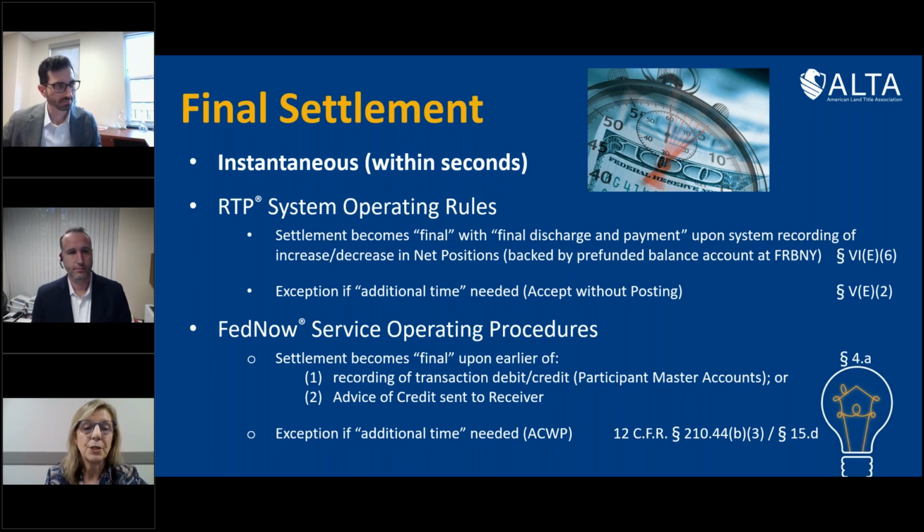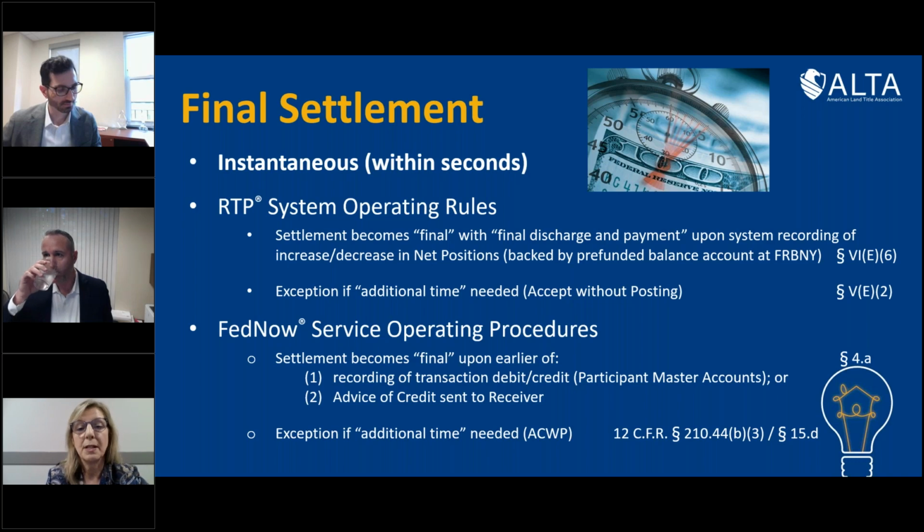Here we see the relevant provisions of the operating rules and procedures for both RTP and FedNow. These rules largely replicate the rules in UCC Article 4A that we saw earlier. Under both, a sending bank's payment to a receiving bank becomes final the instant it's recorded in the transaction ledger at the Federal Reserve Bank or by the RTP system.